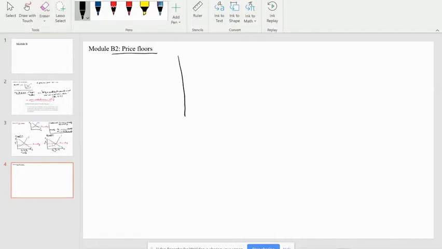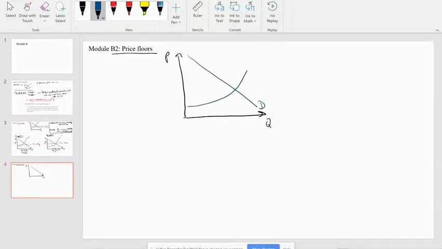We begin with our price axis and our quantity axis, downward sloping demand curve, upward sloping supply curve, and we can show a price floor by indicating, again, a price level that in this case, one is not allowed to purchase or sell below. The price has to be at this level or above.